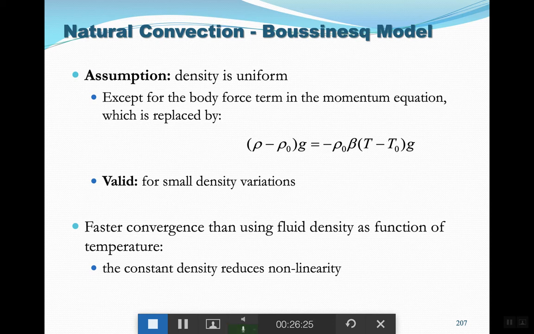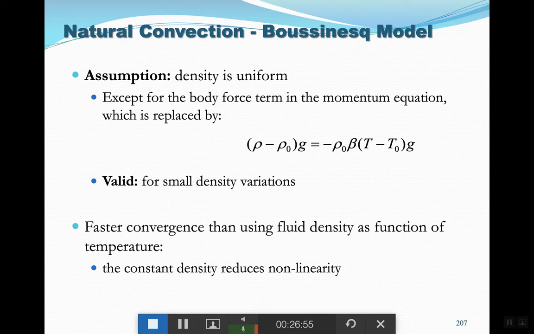Now, in order to make the problem easier, especially for industrial and practical purposes, we have something called the Boussinesq model. In the Boussinesq model, basically what it says is, okay, consider density to be constant, then compensate for the effect of natural convection as a source term in your Navier-Stokes equation.